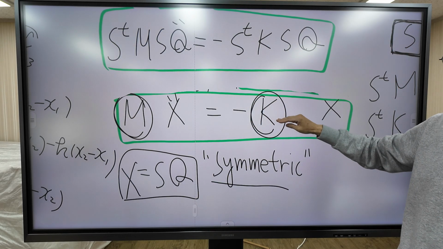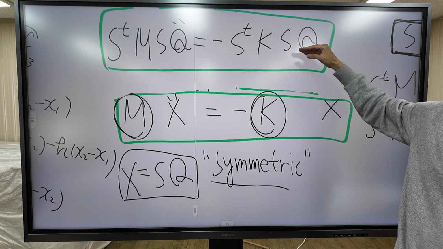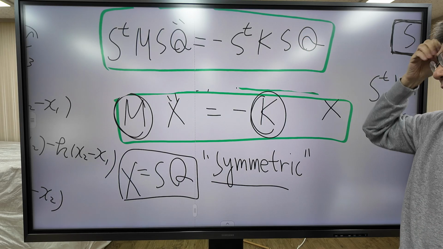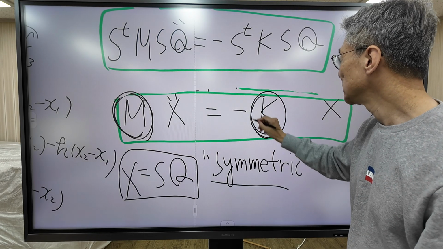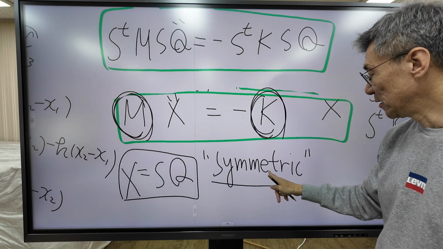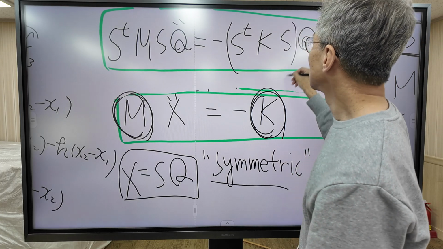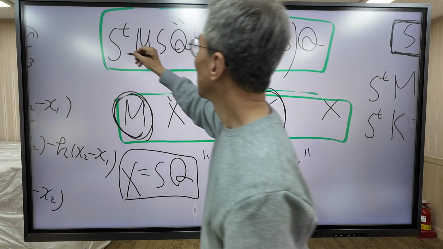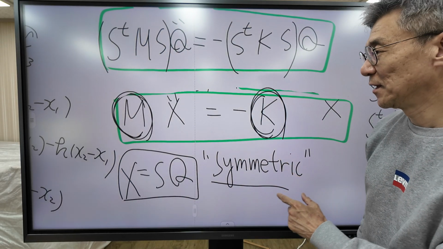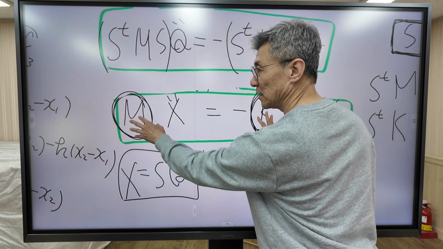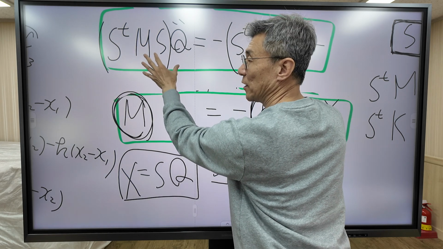This is the old equation in terms of X. This is the new equation in terms of Q. In this equation, matrix M and matrix K are not diagonal, just symmetric. But in this equation, S^T K S and S^T M S are diagonal. This is a big difference. These two matrices are not diagonal, but these two matrices are diagonal. This is very, very important.